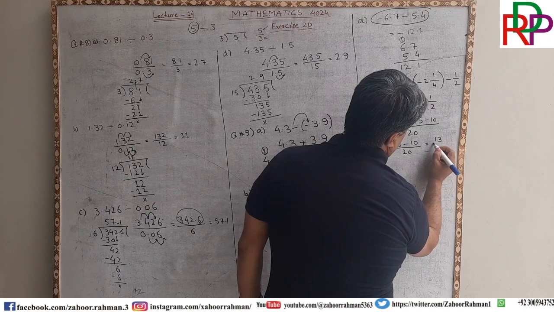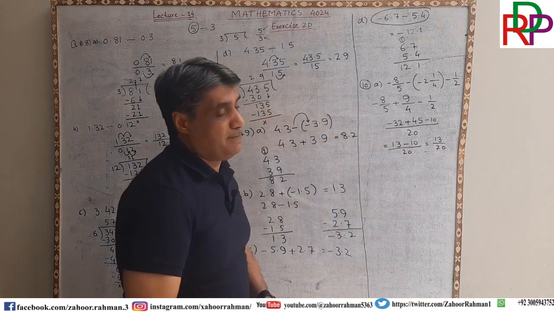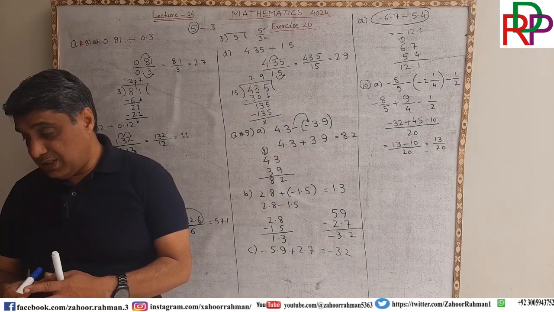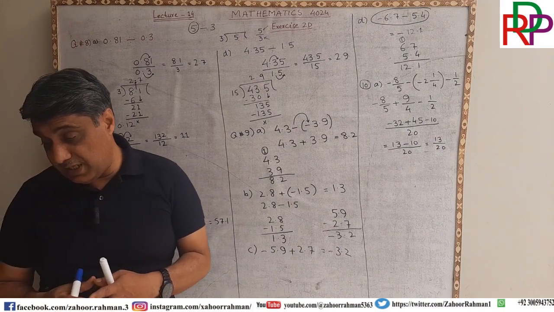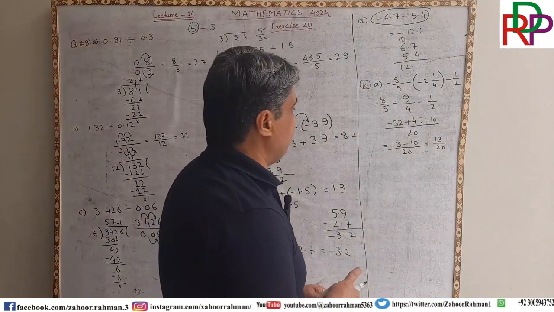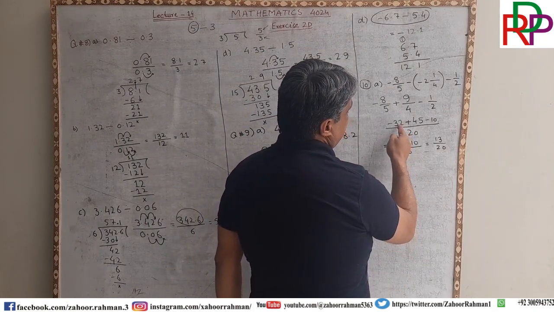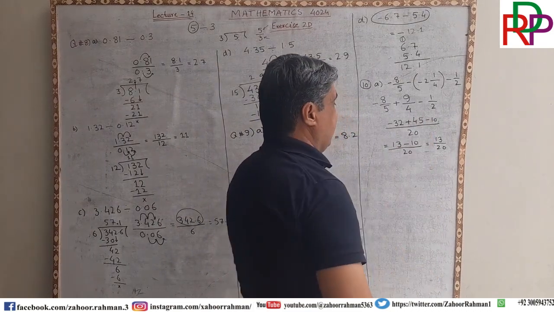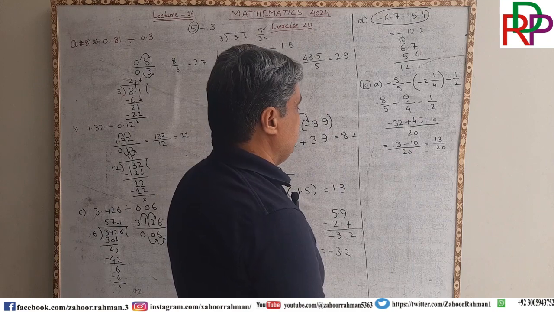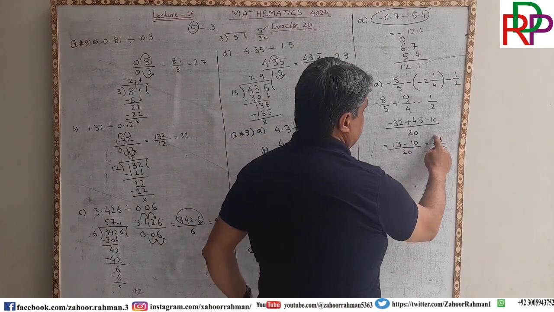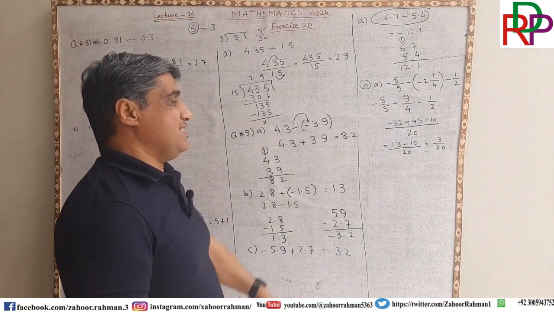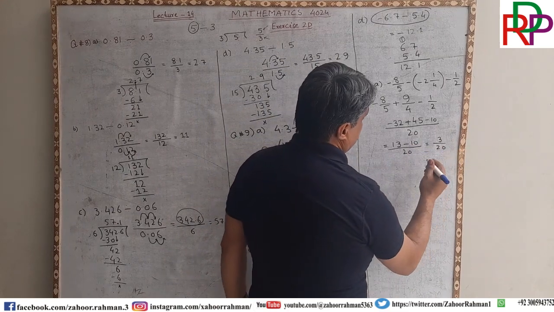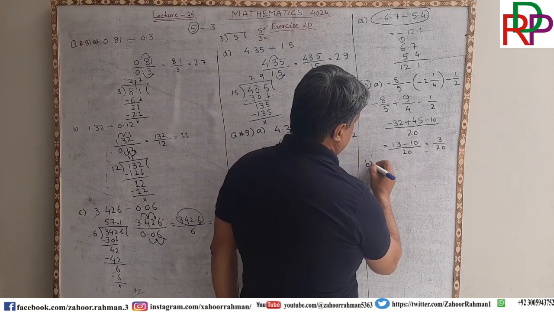So it will be 13 divided by 20 with the positive symbol. This is the answer, because when we subtract this minus 32 from 45, it will give you 13, and from 13 when you subtract this, it will give you 3, not 13. 13 minus 10 is equal to 3, and that is the answer.